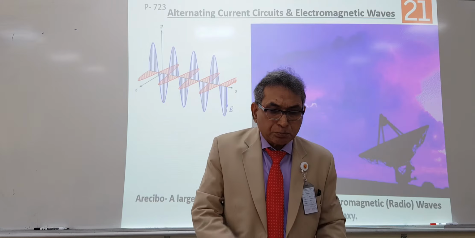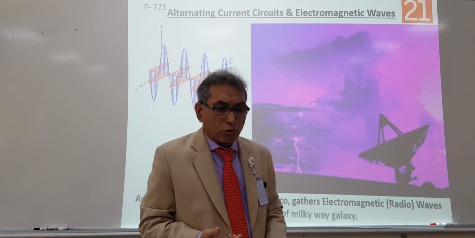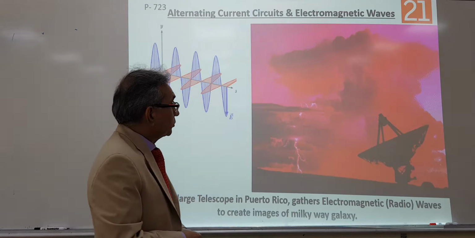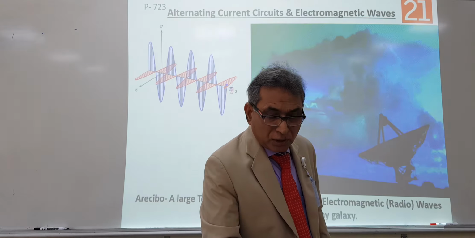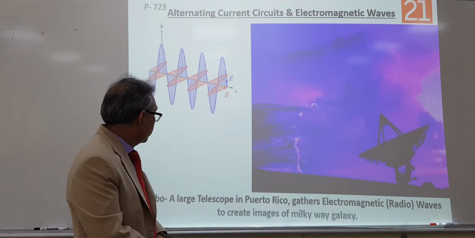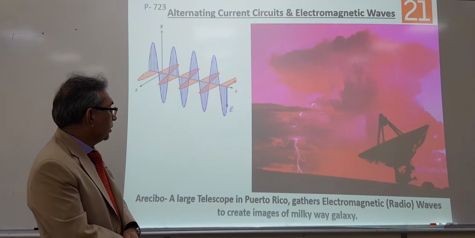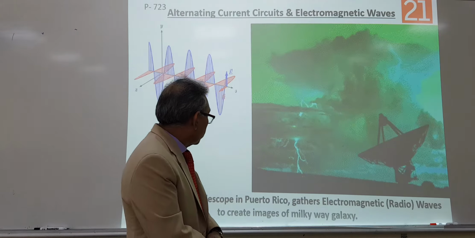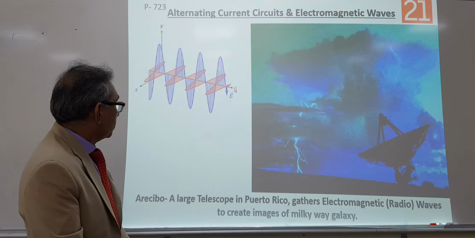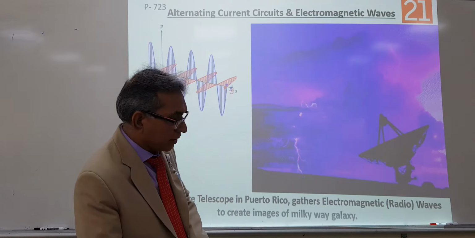And similarly, when we are using TV or radio programs, radio waves carry the TV programs and the radio programs to you. And as you see in the title slide of this chapter, Arecibo, the largest telescope in the world at Puerto Rico, gathers electromagnetic radiations to create images of different objects in space like the Milky Way galaxy.